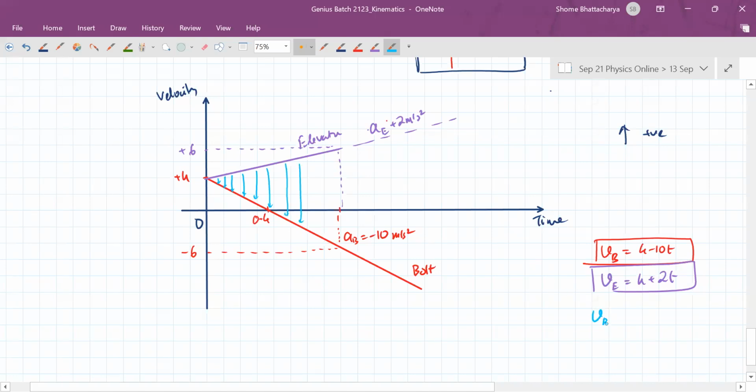So the velocity of the bolt with respect to the elevator, if we write with proper sign convention, is always minus 12t j cap.